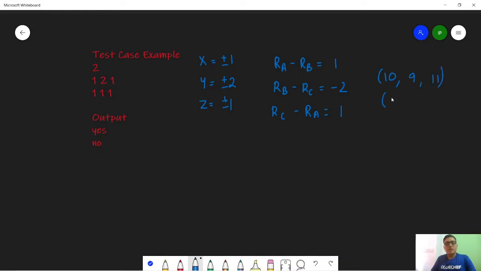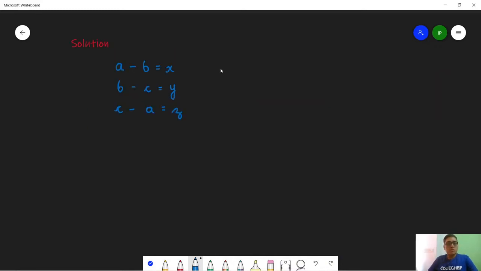Another solution can be 2, 1 and 3. So we can find RA, RB, RC satisfied by these values of x, y, z. Hence we print yes. In the second test case, you will find that there does not exist any combination of x, y, z that will make all these claims true. Hence we output no.